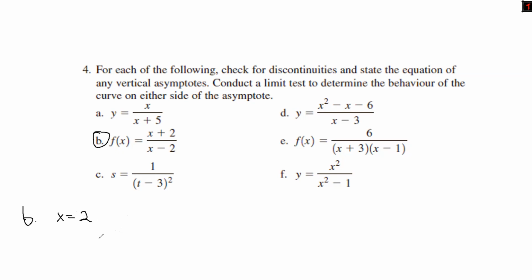Yeah, and to determine if there's any vertical asymptote at x equals 2, we can do the limit test. We approach x equals 2 from both the left and the right, to see if the function approaches infinity or negative infinity.